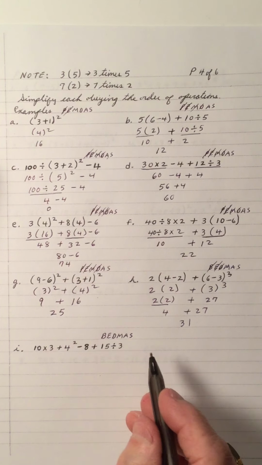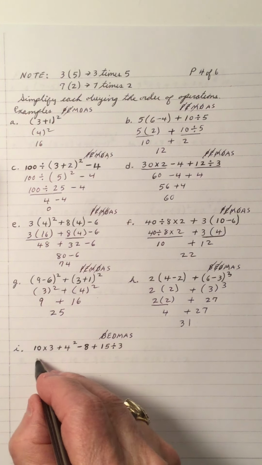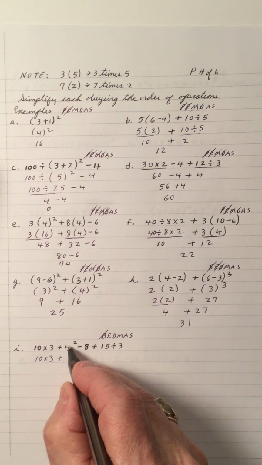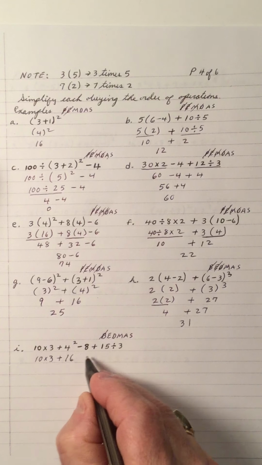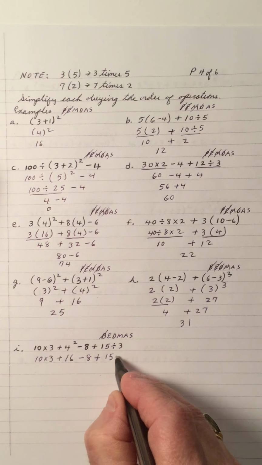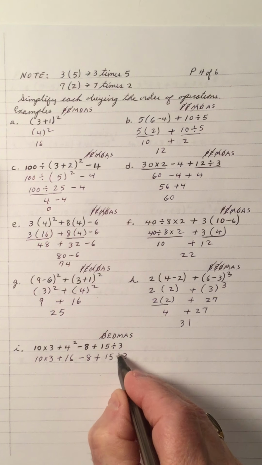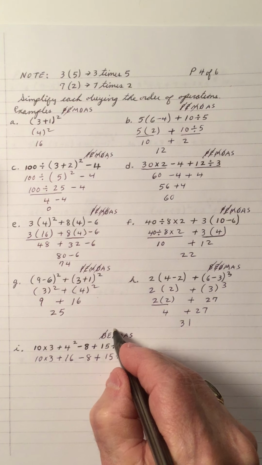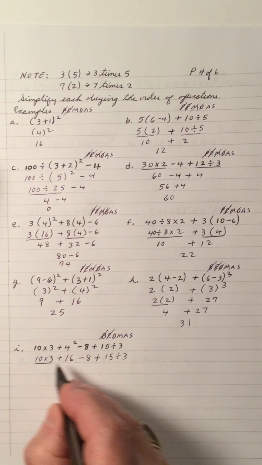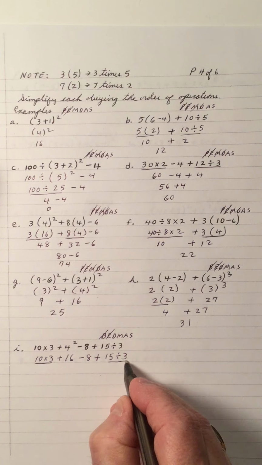BEDMAS again, brackets: no brackets, but I have exponents. So let's work out the exponent only. 4 squared is 16, 4 times 4. And all the rest of the problem is written down again, one step at a time. Exponents are done. Now I have to do multiplication and/or division left to right. So multiply and divide.